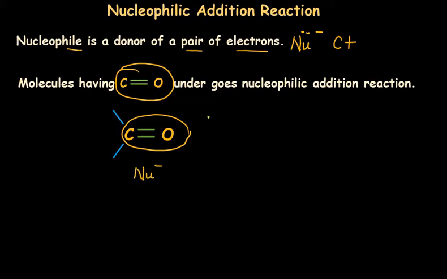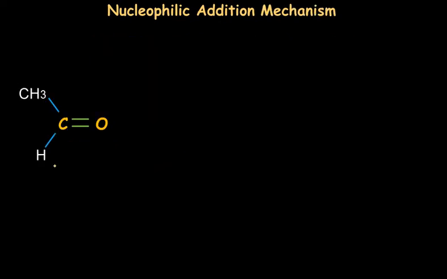The two types of carbonyl compounds which undergo this reaction are aldehydes and ketones. Here we have taken an example of an aldehyde. As we can see, the carbon carrying the O is bonded to a hydrogen and a carbon group.